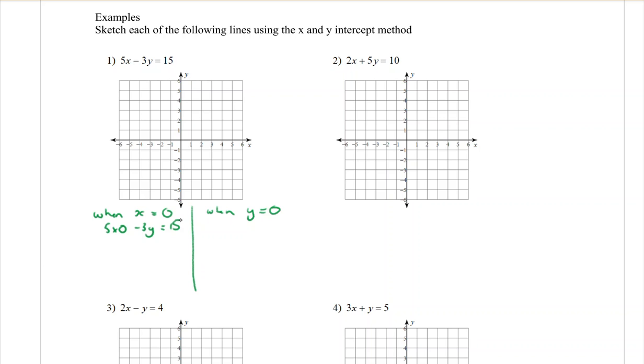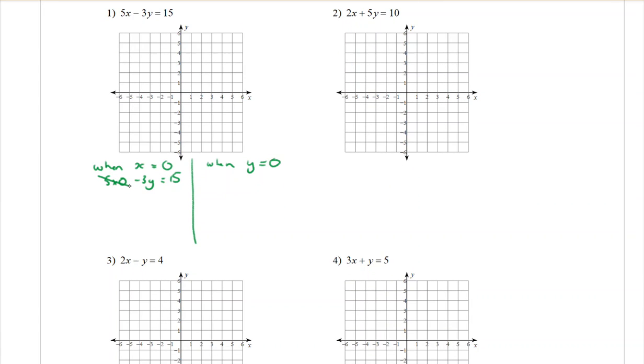Straight away, 5 times 0, or any number times 0, will just equal 0, and you can cross it off because we don't need 0 in our equation. It's not going to do anything. Now your equation solving skills are super important because we want to get that y by itself. The only thing still with that y is that minus 3. It's times with the y. So to get it by itself, I need to divide by minus 3, cancelling out the 3s on the left-hand side of the equation.